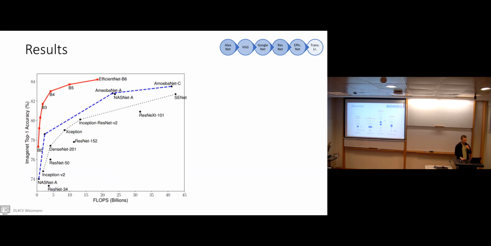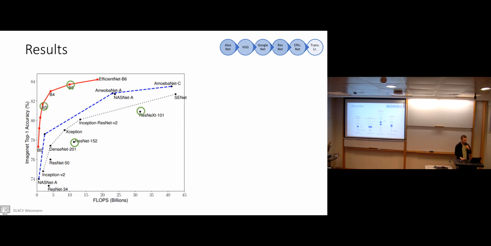Yeah, you can see on the top left side there is the curve of their models. On the x-axis, you have the floating point operations in billions, and on the y-axis, it's the accuracy of their models. And as you can see, they, for example, were able to find a model that uses the same amount of floating point operations as ResNet 152, but actually achieves a much better accuracy.